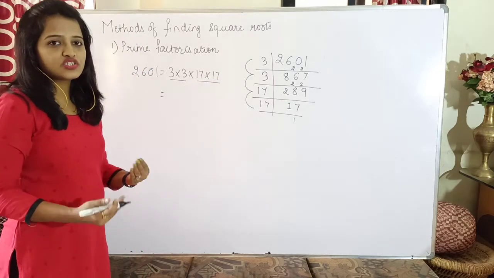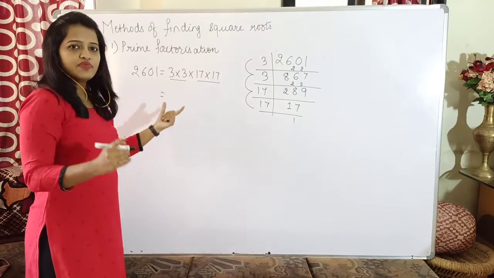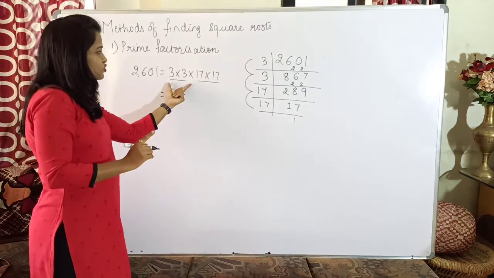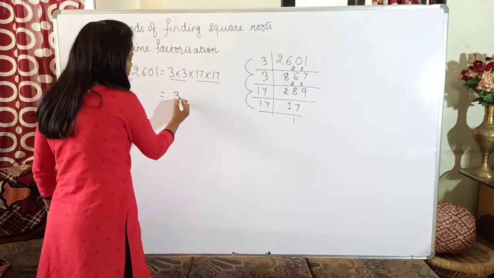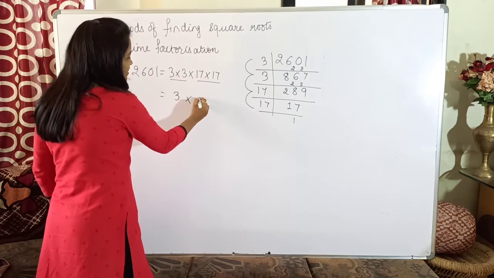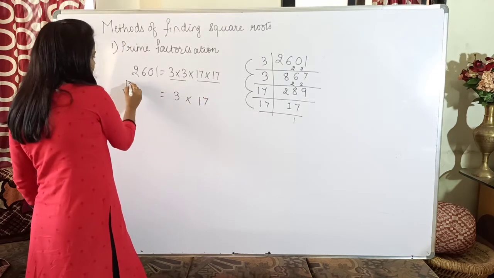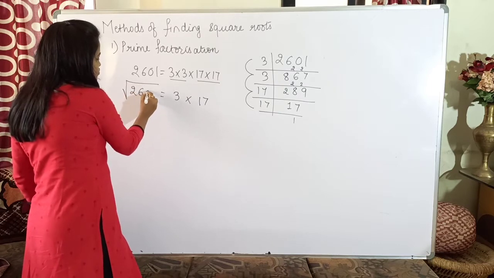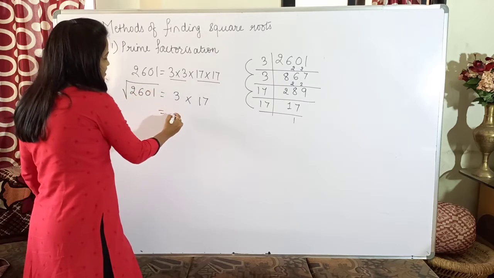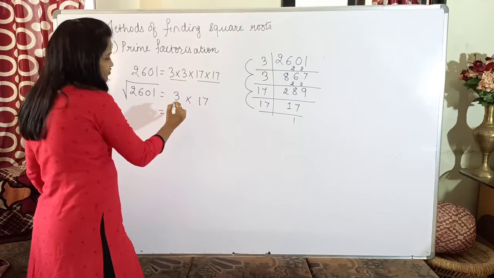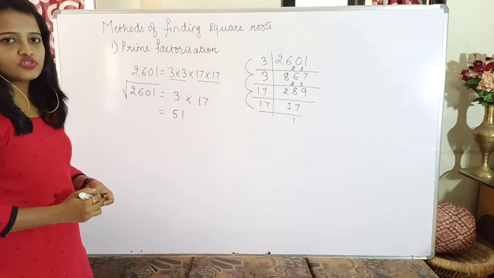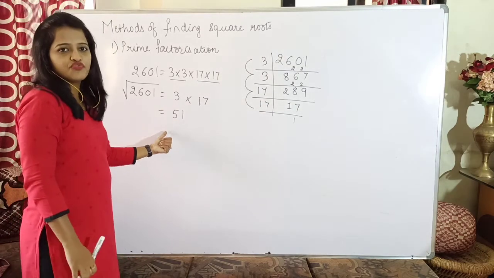When you are finding the square root, from each pair you will consider only one value. So from two 3s I will take only one 3, and from two 17s I will take only one 17. So the square root of 2601 will be 17 into 3, which is 51. So the square root of 2601 is 51.